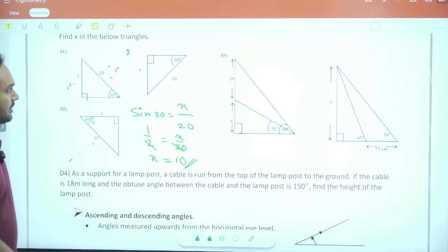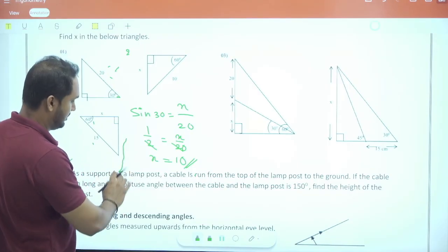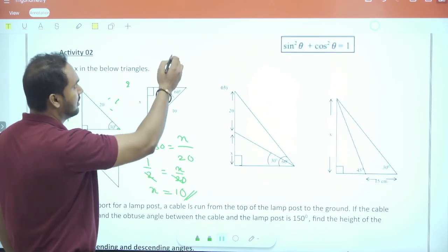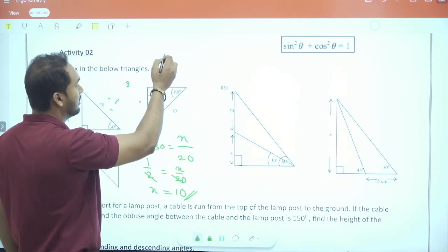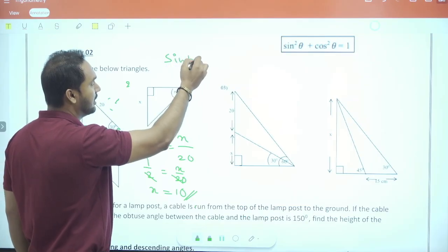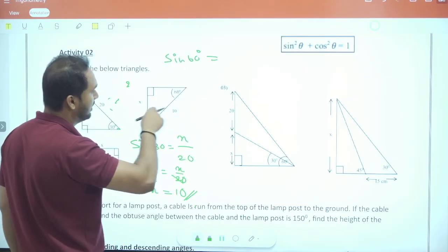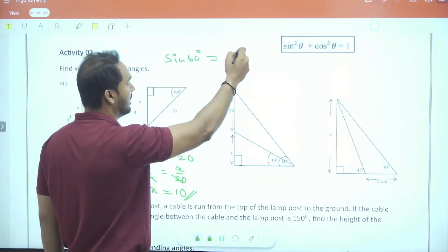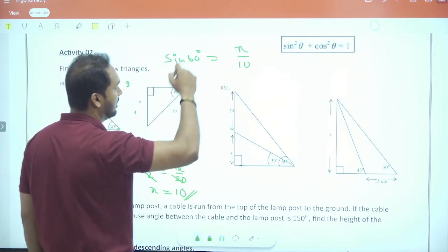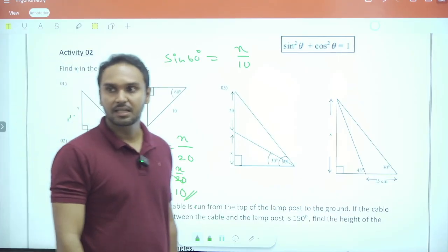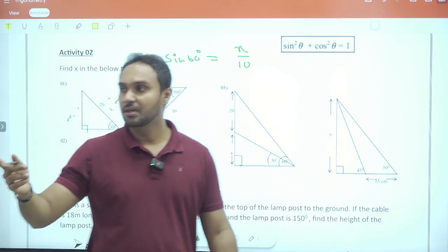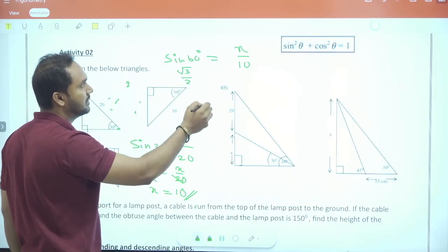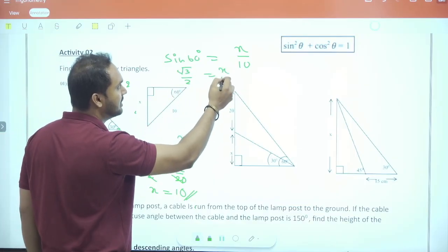Sine 60 of this triangle is equal to opposite over hypotenuse, which is x over 10. Now how much is sine 60? Root 3 over 2, exactly. So root 3 over 2 is equal to x over 10.